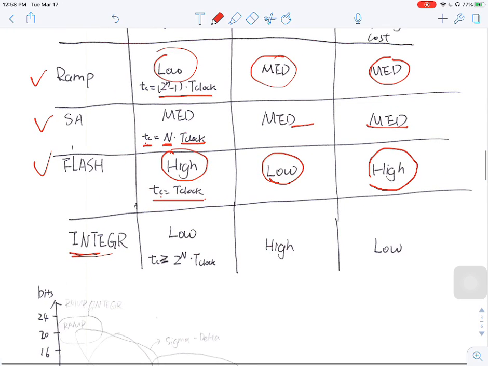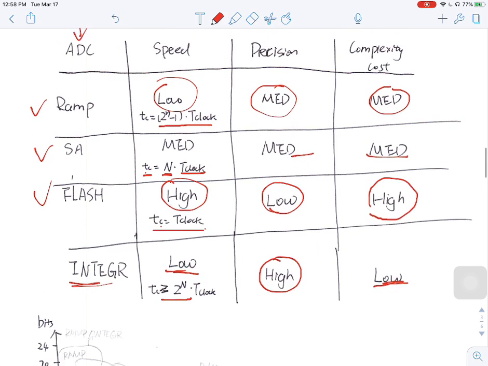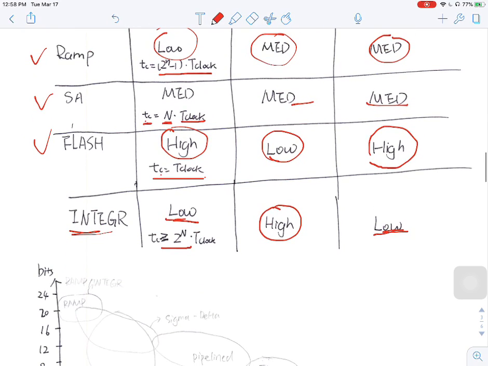For integrating ADC, it has low speed but very high precision, and the complexity and cost are low. The time needed is greater than 2 to the n times the clock time, which is longer than the ramp ADC.